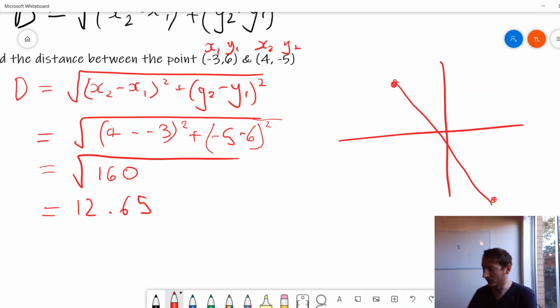What we would do is draw the line connecting them and make it a right-angled triangle. The distance from all the way up here at 6, down to -5, is 11. And the distance from -3 to 4 is 7. 11 squared plus 7 squared is 170.